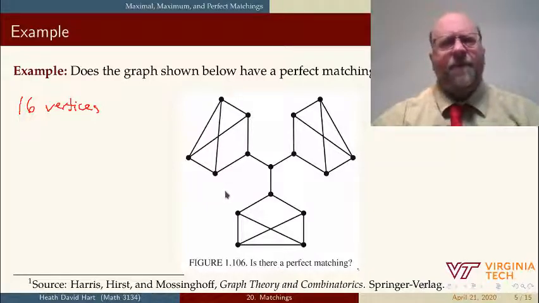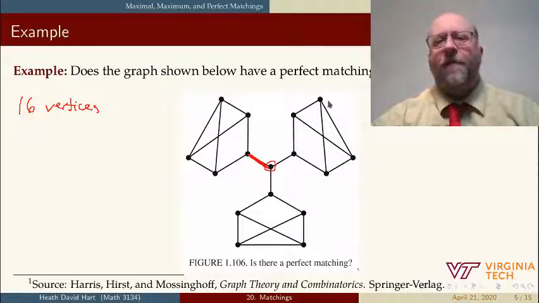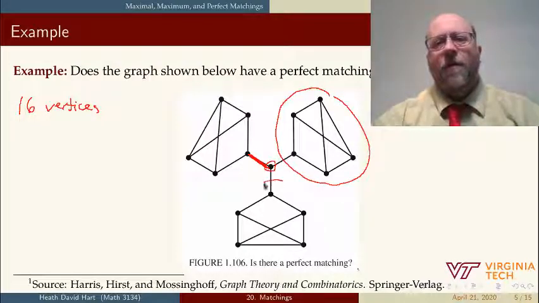But here's the problem. This vertex, if we had a perfect matching, this vertex would have to match to one of these neighbors. And I don't care which one we match it to. If we match it to one of the neighbors, then what we have left are 2 disconnected pieces with an odd number of vertices.